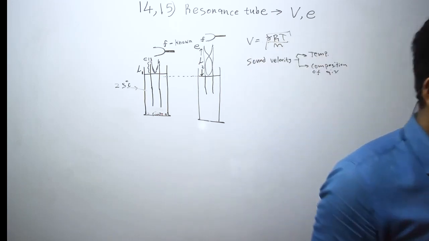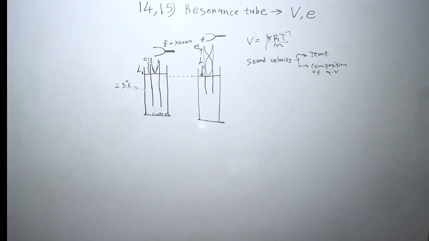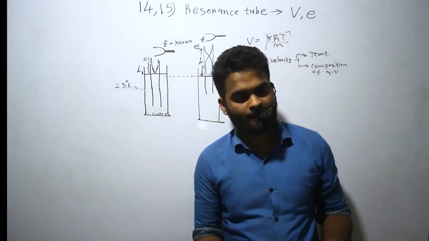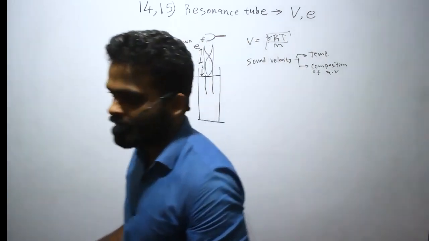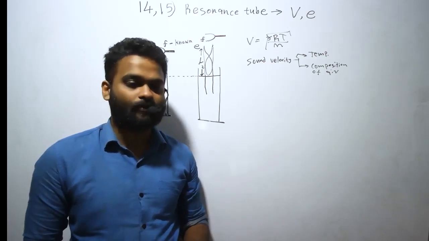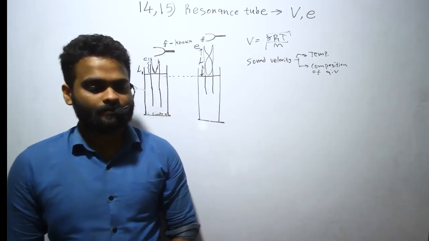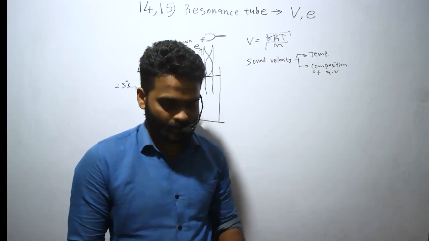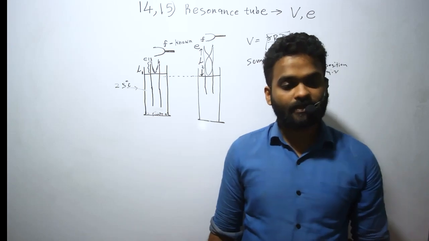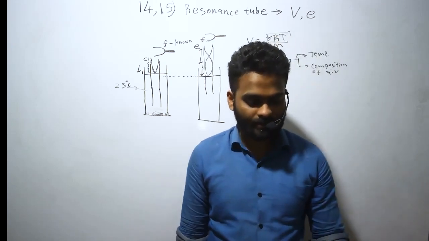Okay. Write down: at the second resonance, a larger air column is vibrated compared to the first resonance.